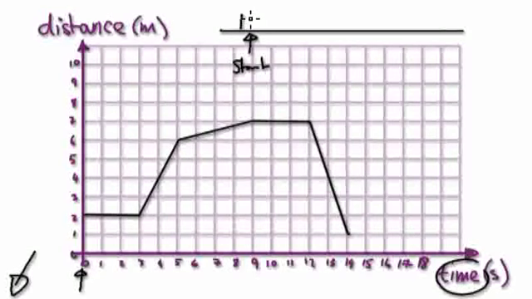Let's say the post office is here. So this is the start. This is the post office. And at the start of time, which means when time equals 0, you are already 2 meters away from the post office. So you and your dad sitting in the car would be somewhere here.